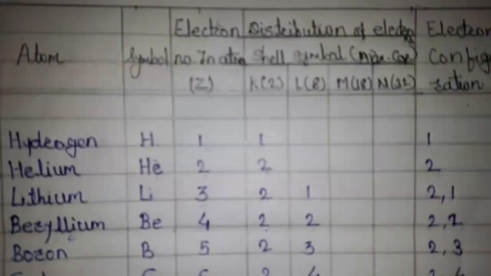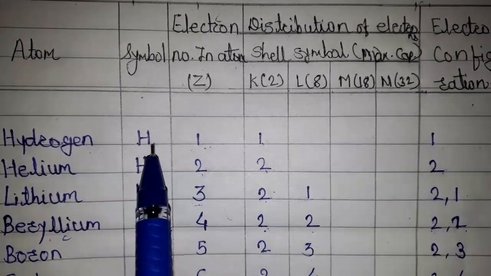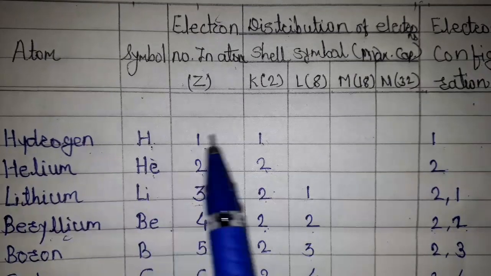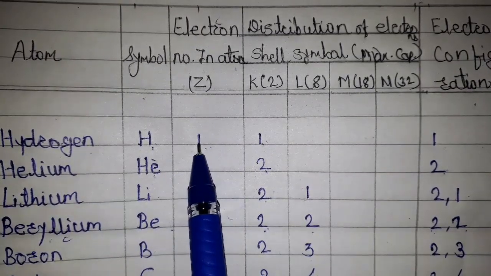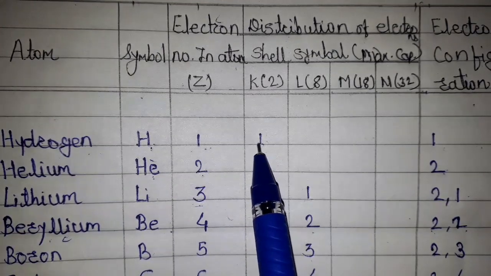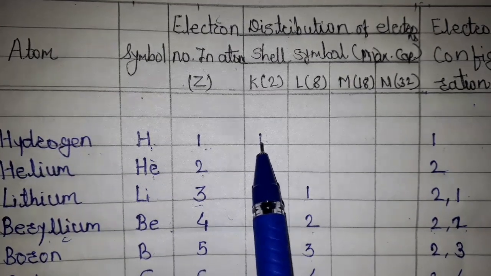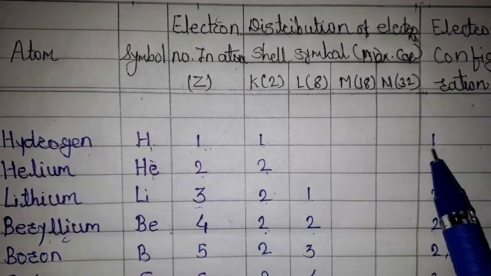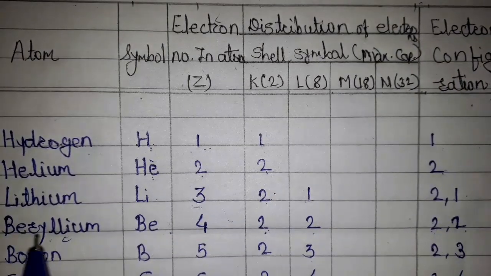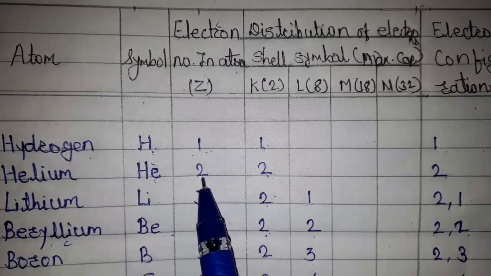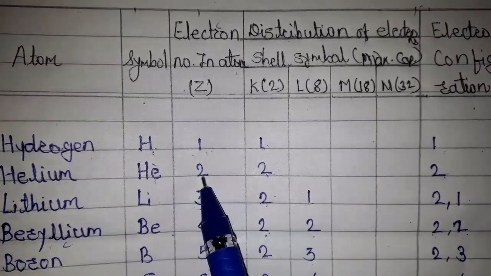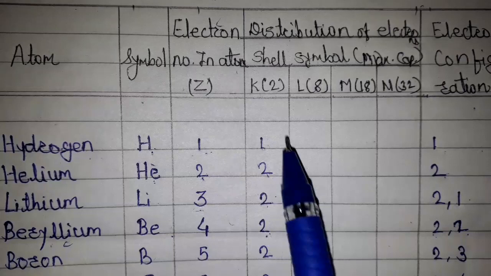Let's say hydrogen, its symbol is H. The number of electrons in hydrogen is only one, so it is in the first shell, that is K, so its electronic configuration is 1. Next, helium, He. The electrons present in helium are 2, so they are in the K shell.